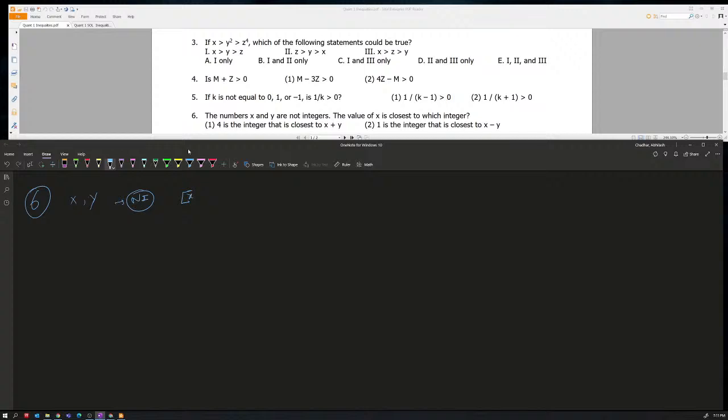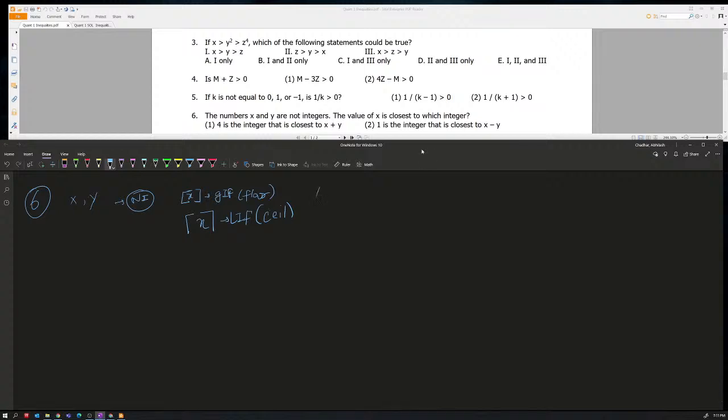This is called the greatest integer function, or you can call it the floor function. And this is called the least integer function, or ceiling function. We may use this, we may not, just for our information and revision.